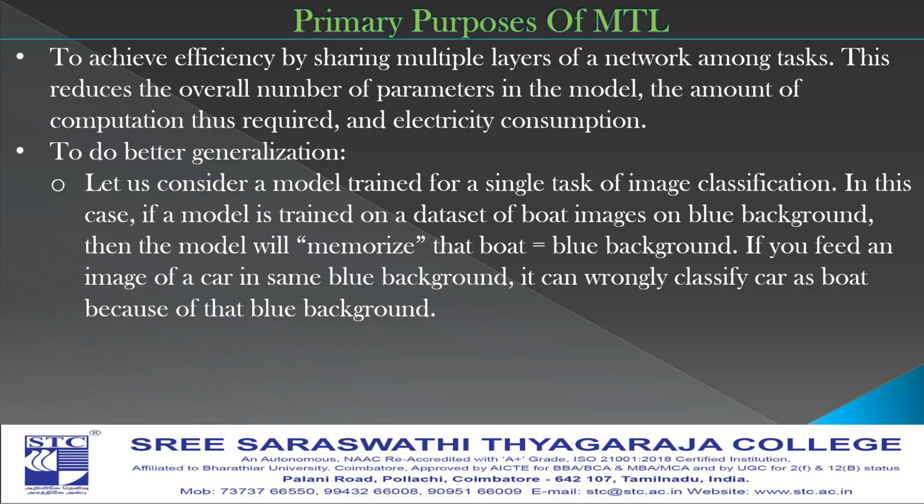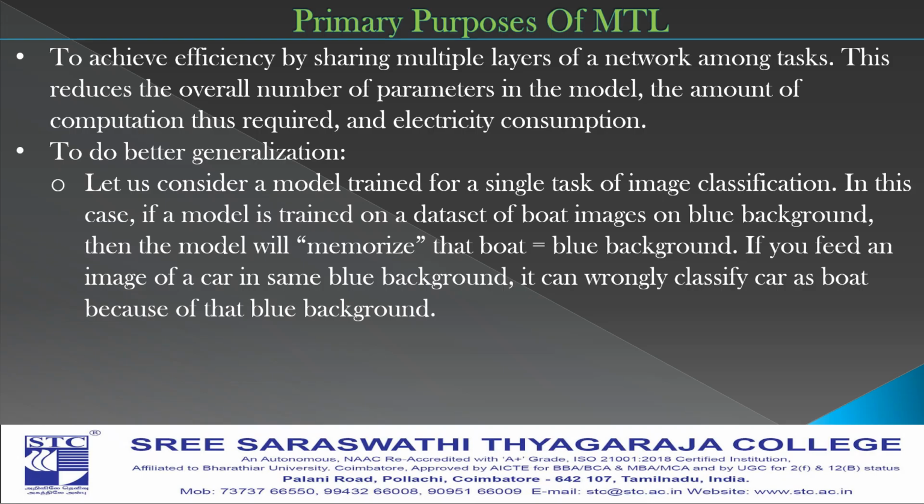If you give a similar boat image, the network will correctly recognize it as a boat. But what if you give a cat with the same blue background? It has already memorized the blue background, right? So it will say a cat is a boat because it has learned and memorized that blue background means boat. So this is memorization or overfitting.